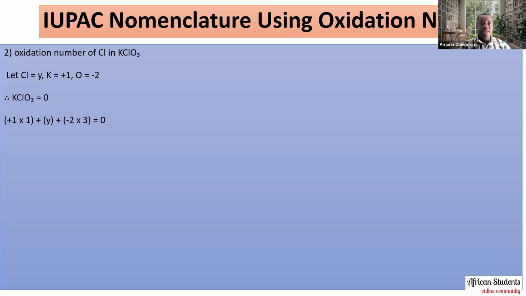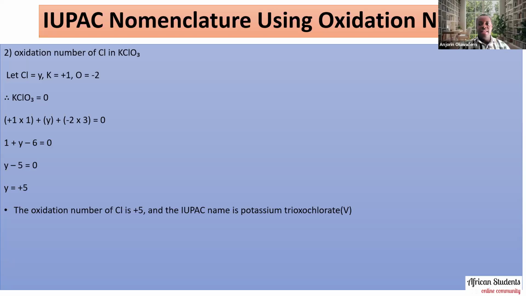So when you apply that, you have your chlorine to be +5. So the oxidation number of chlorine in KClO3 is +5. Based on that, we can give the IUPAC name. The IUPAC name for this compound would be potassium trioxochlorate(V).